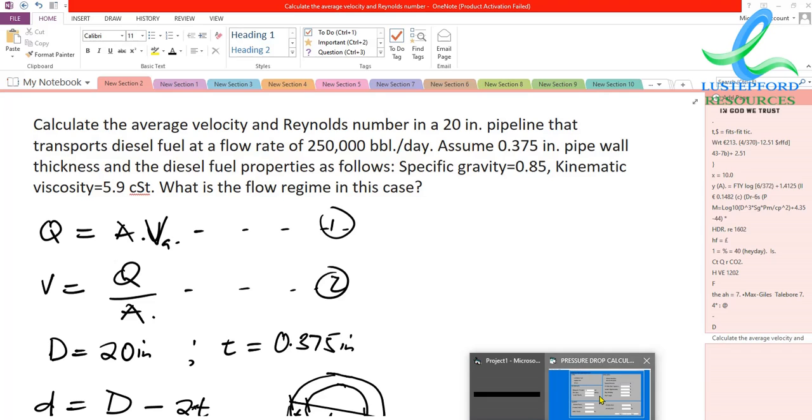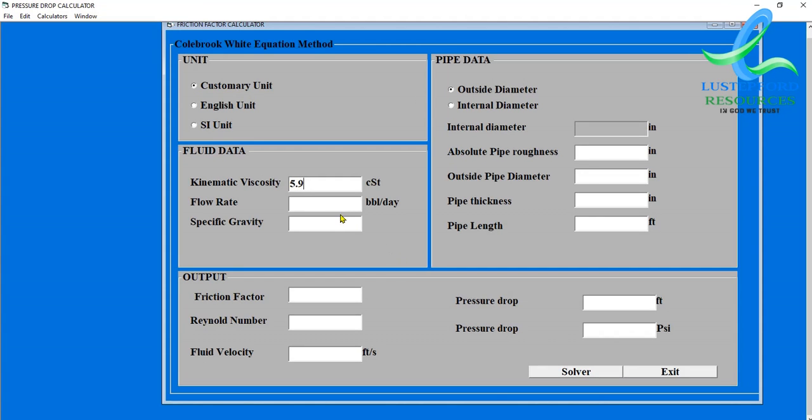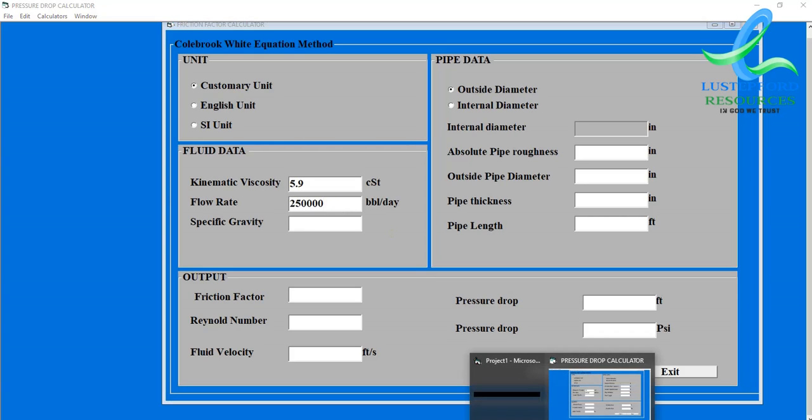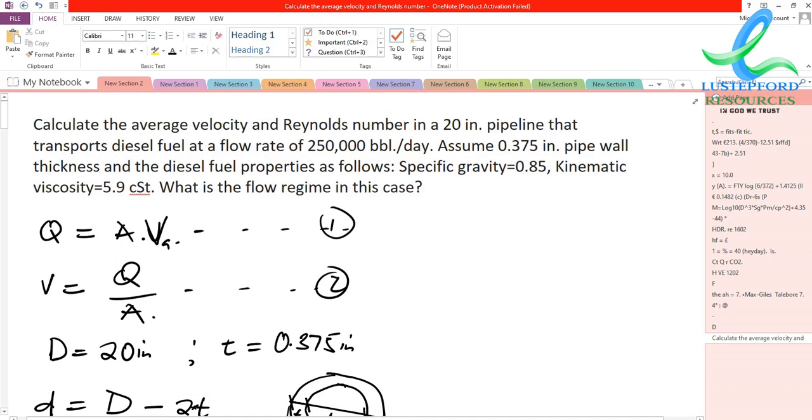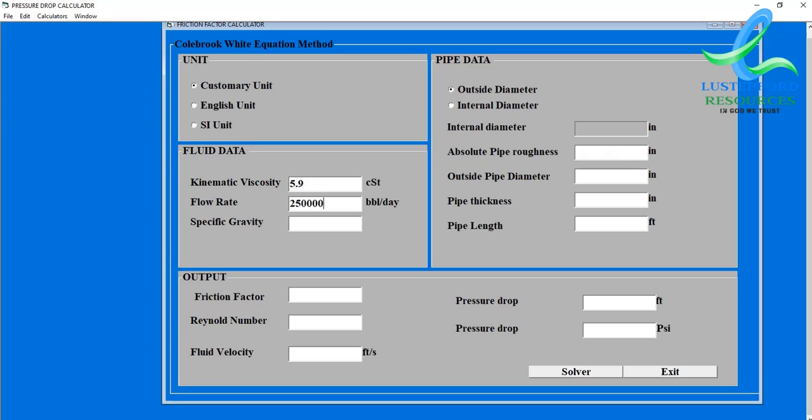Then what is next? The flow rate is 25,000. Then the specific gravity is 0.85.